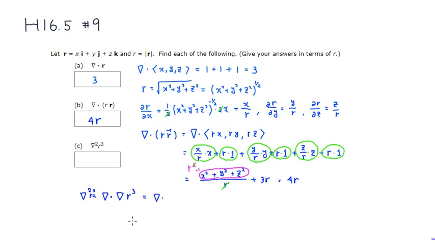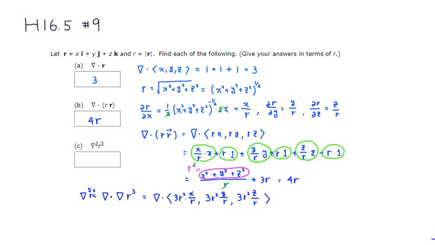So let's find the gradient first. We take the partial derivative of this with respect to x, so it's going to be 3r squared times the partial of r with respect to x, which, remember, is x over r. So it's 3r squared times x over r. Next, the partial with respect to y is 3r squared y over r, and with respect to z is 3r squared z over r.